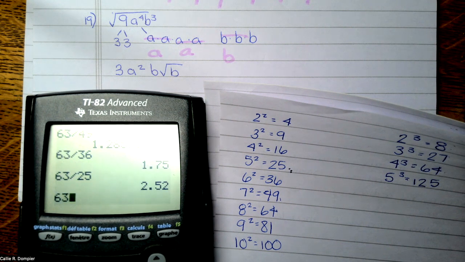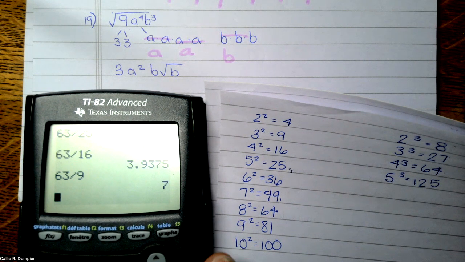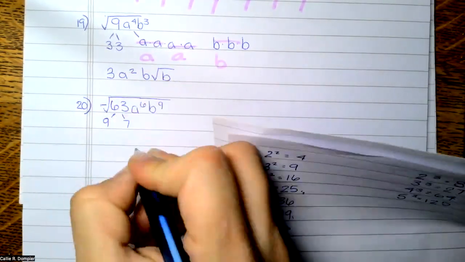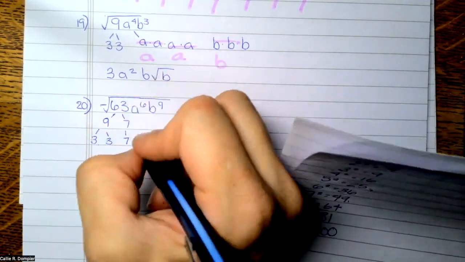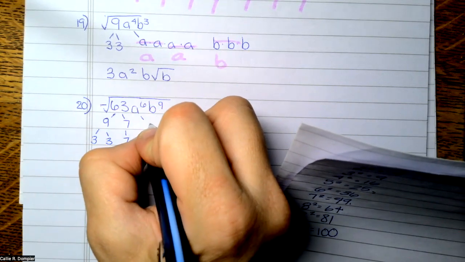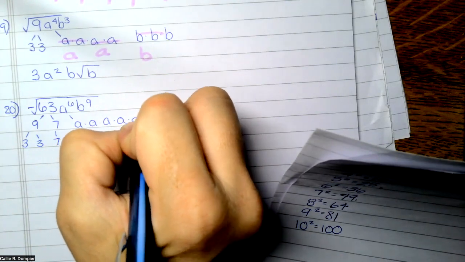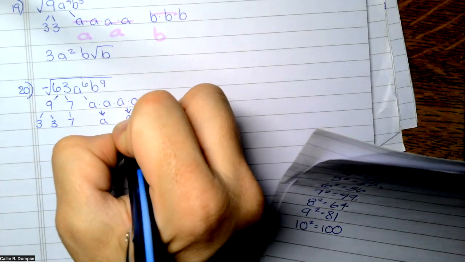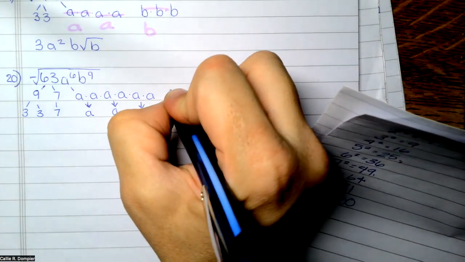I don't think so. 63 divided by 16? 63 divided by 9 is 7. So what I want to do is take 63 and turn it into 9 times 7. 7 is a prime number. 9 becomes 3 and 3. 7 remains 7. This a to the 6 becomes a to the third, right? b to the ninth means there are 9 b's.